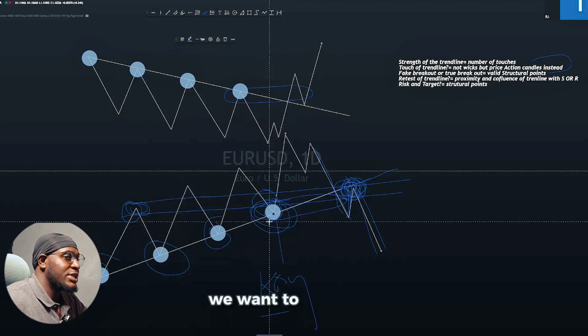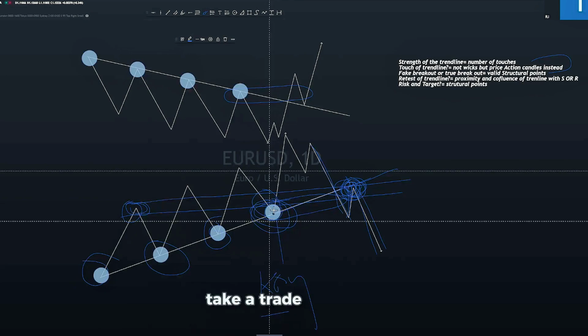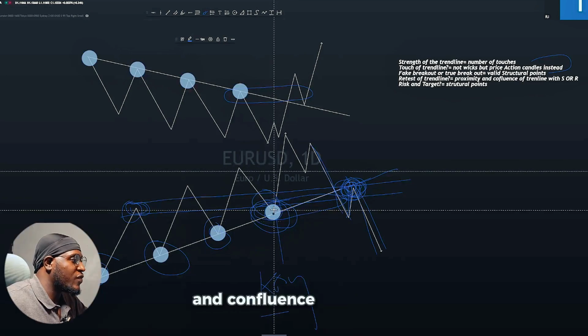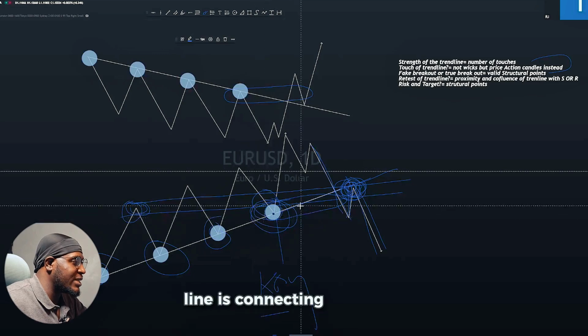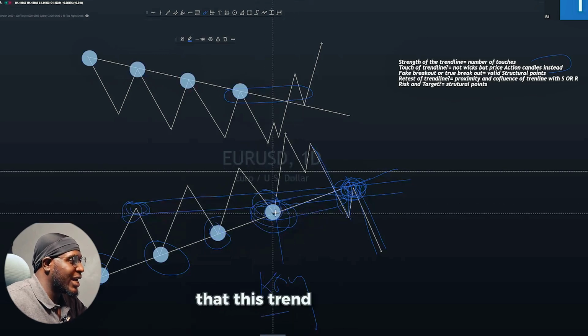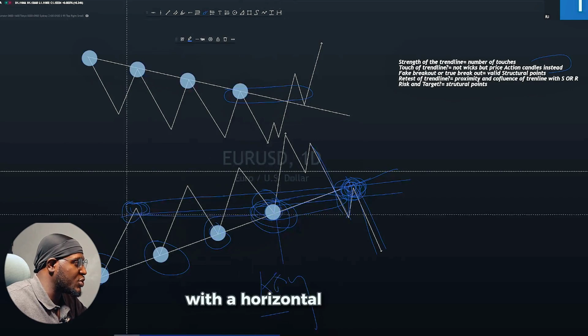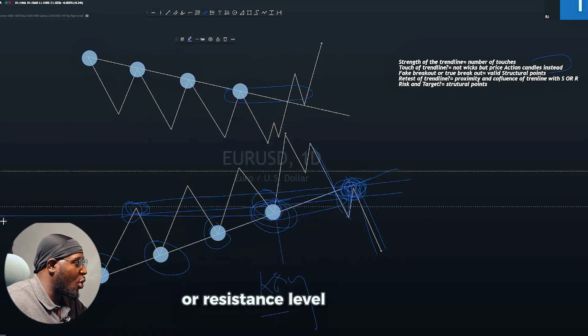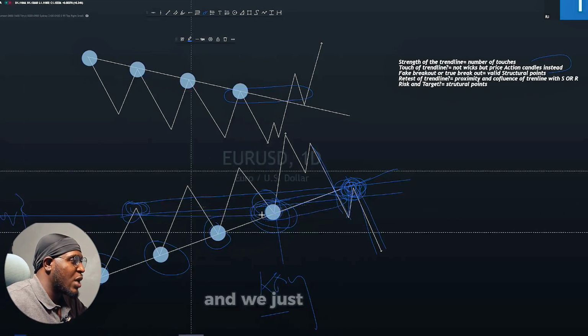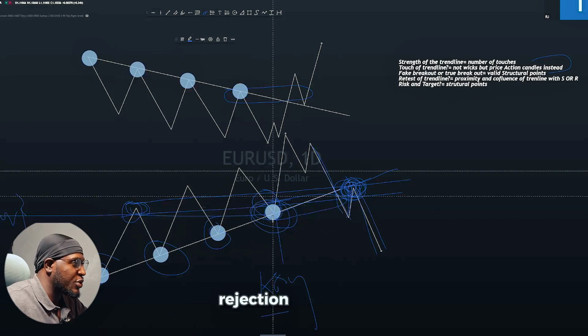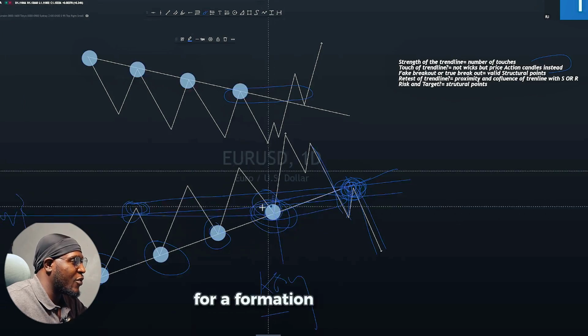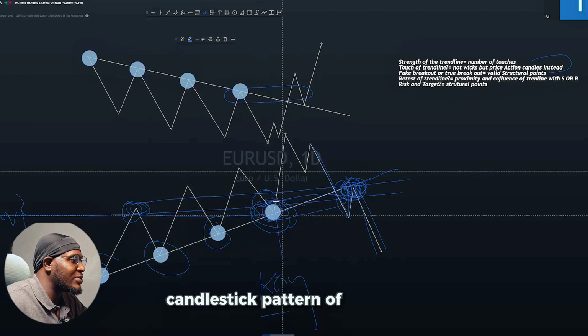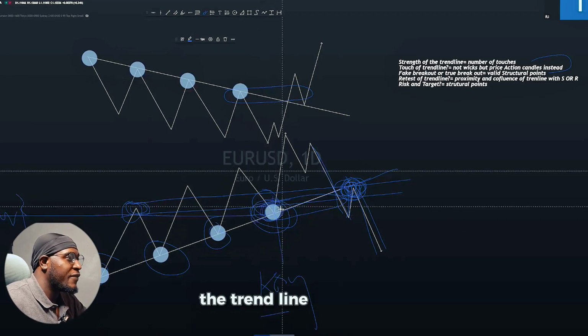Okay, we want to take a trade based off confirmation and confluence. So as much as this trend line is connecting, we also want to make sure that this trend line is in confluence with a horizontal support or resistance level as well. And we just don't want to take a weak rejection, but rather we want to wait for a formation of a reversal candlestick pattern off the trend line first.